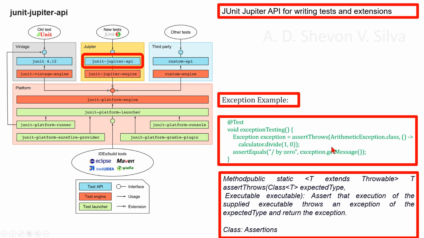If no exception is thrown, or if an exception of a different type is thrown, this method will fail. If you do not want to perform additional checks on the exception instance, ignore the return value. This method is in class Assertions.